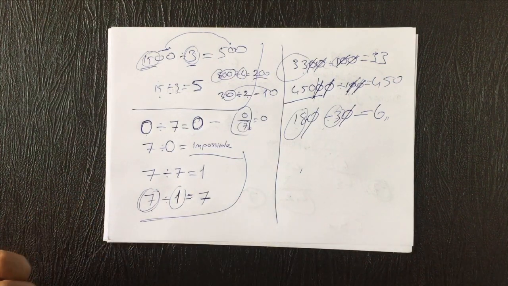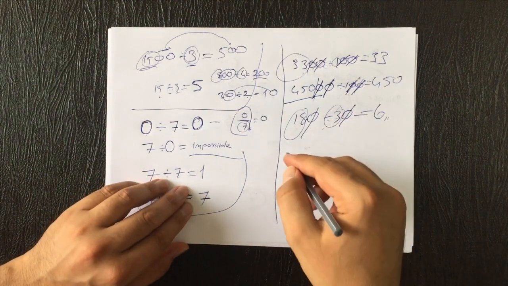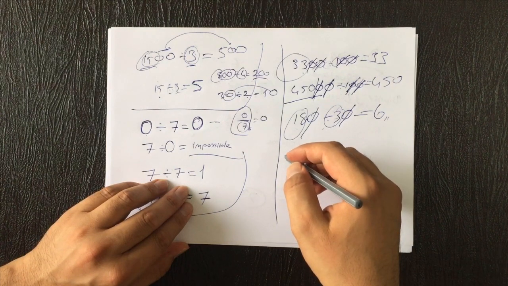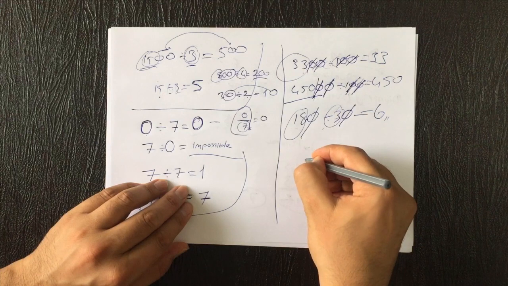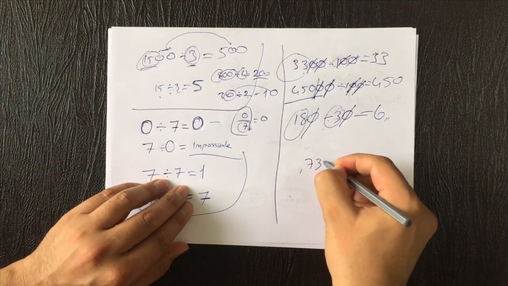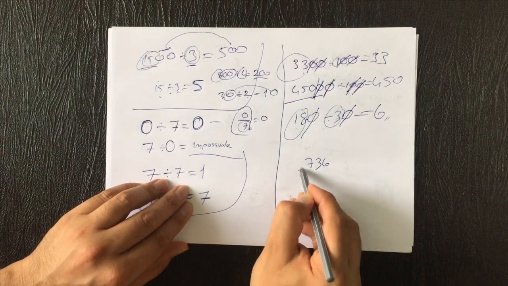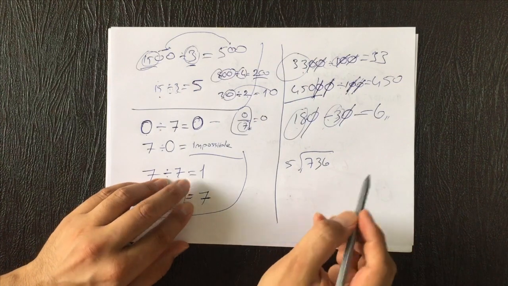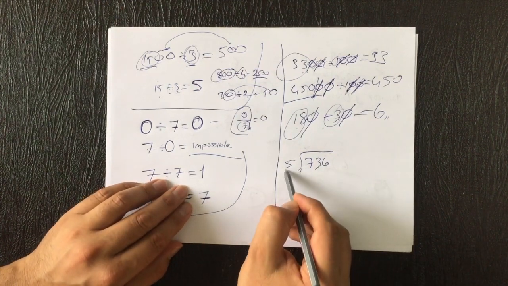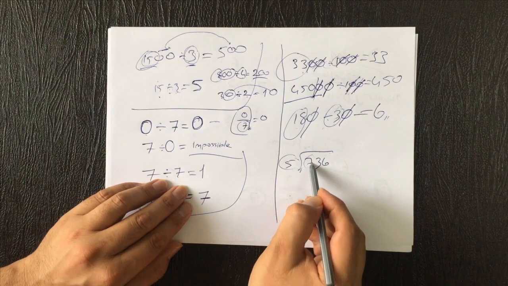And the other important division, okay, let's do this and let's finish these things here. Division. What can I do? For example, 736 divided by 5. I hope you see, of course. Look, remember, 5. Can you see any 5 inside of 7? Yes.